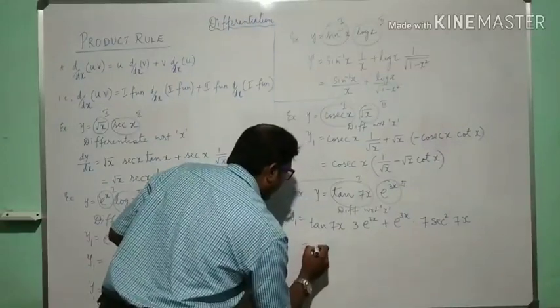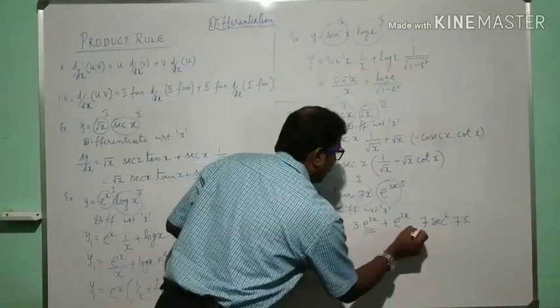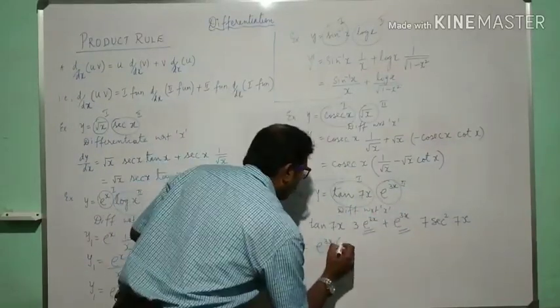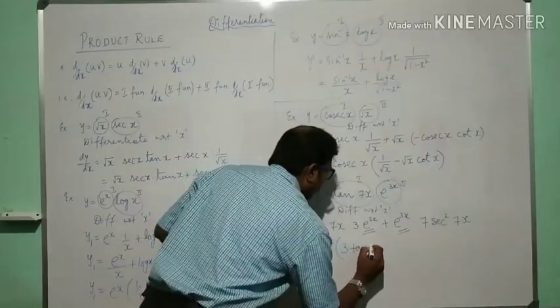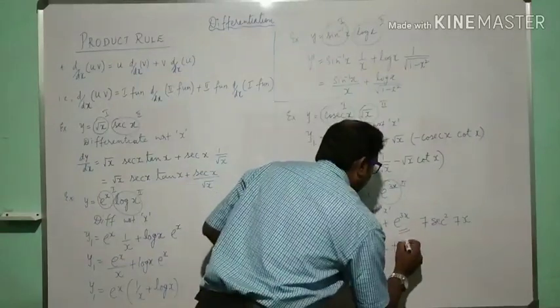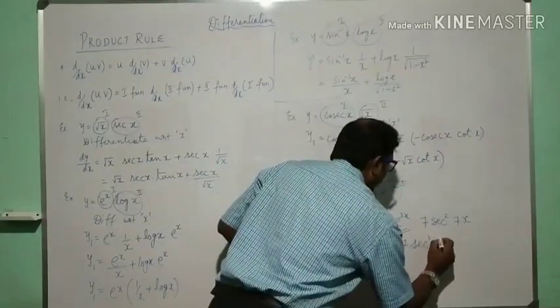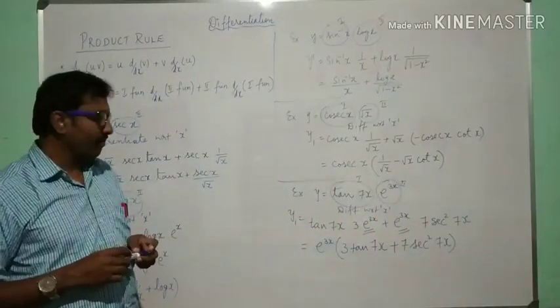I can take e power 3x common. Now the rest, first take the constant, 3 tan 7x plus 7 secant square 7x. This will be the answer.